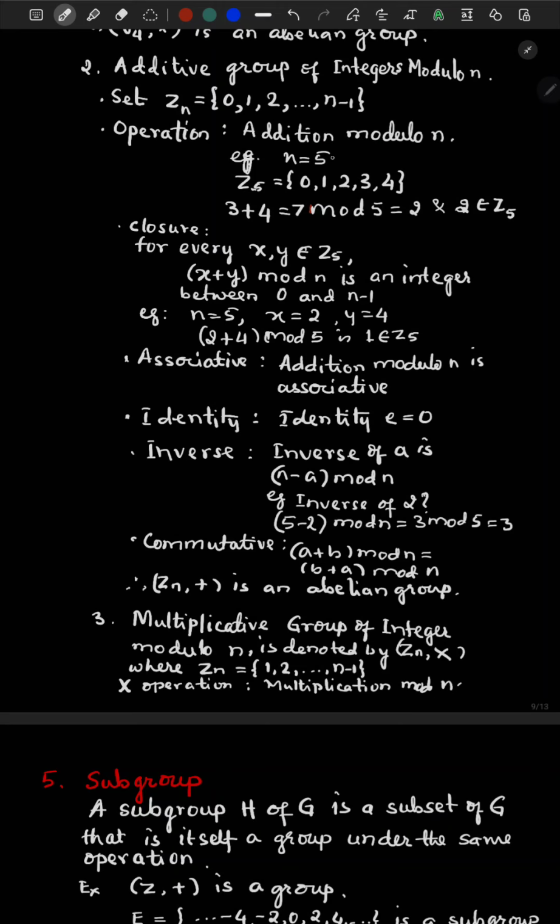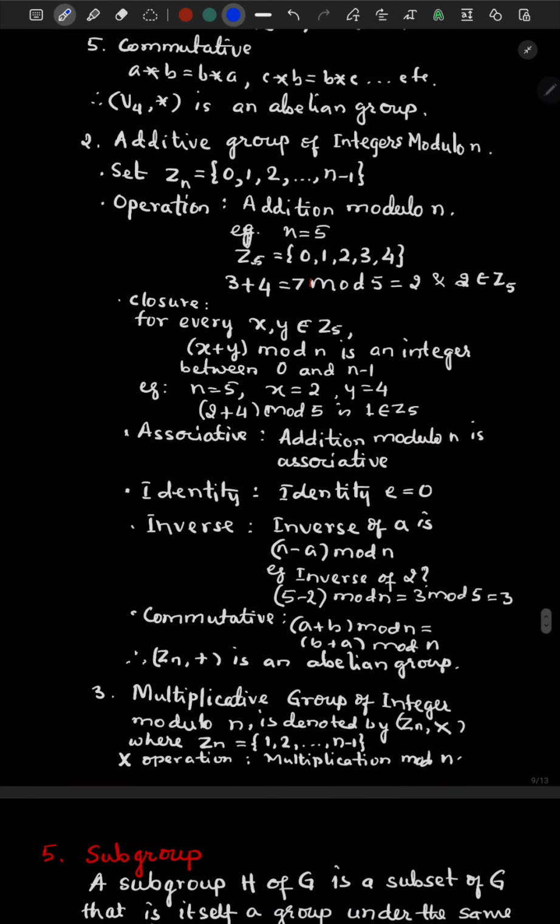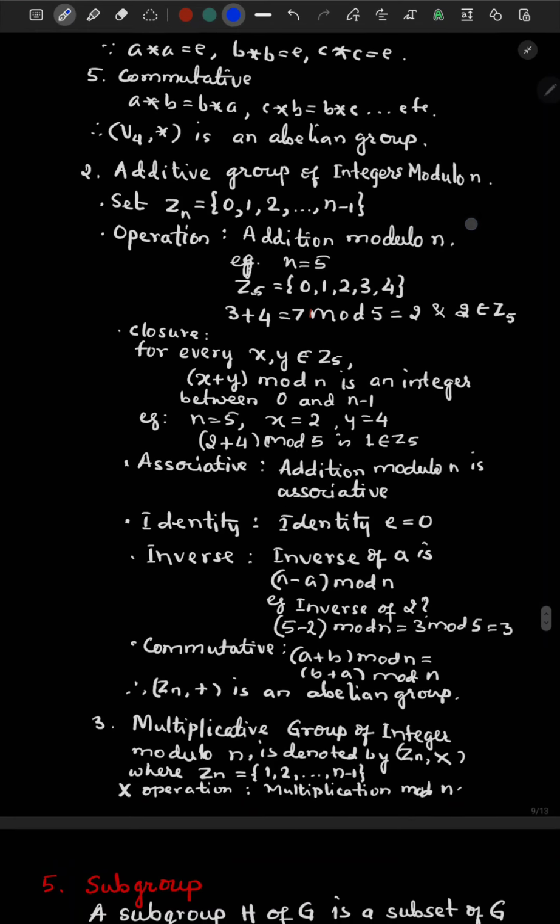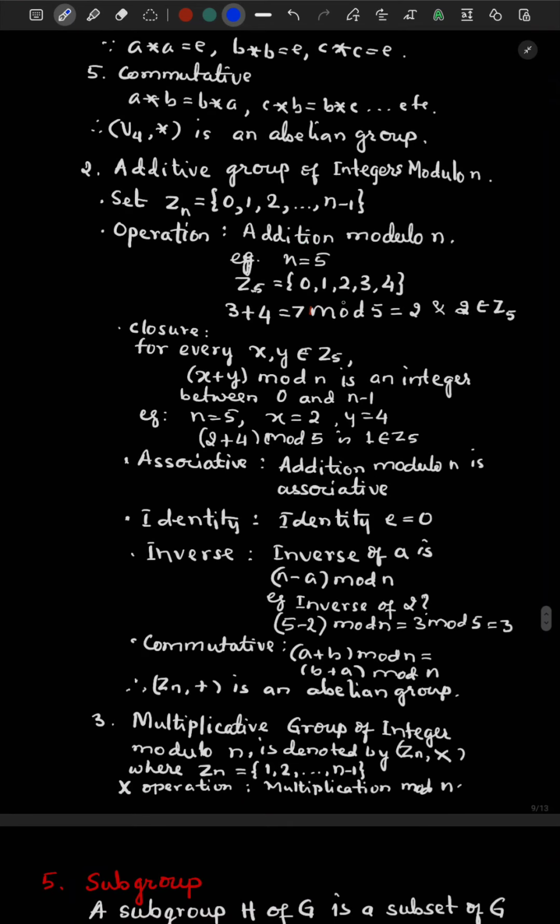For example, n is 5 here. Then Z contains 0, 1, 2, 3, and 5 minus 1, that is 4. If you take any two elements from this, 3 plus 4 is 7. The operation here is addition modulo n.